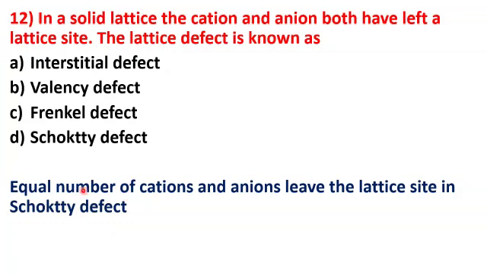So, equal number of cations and anions leave the lattice site in Schottky defect. So, here in the question, the cation and anion both have left lattice site. That means equal number of cations and anions are leaving the lattice site here. Hence, the correct option is option D, Schottky defect.